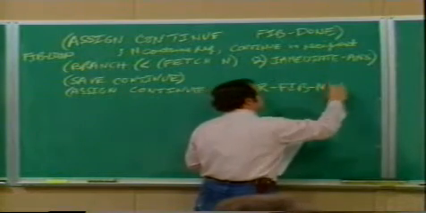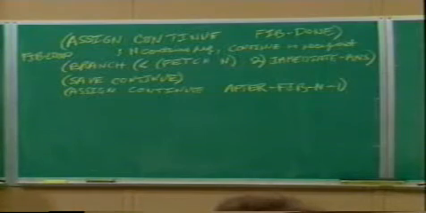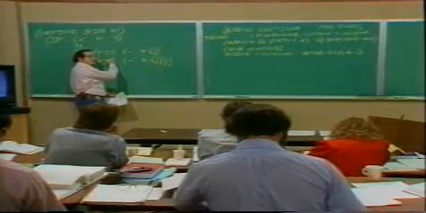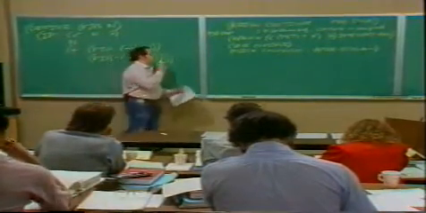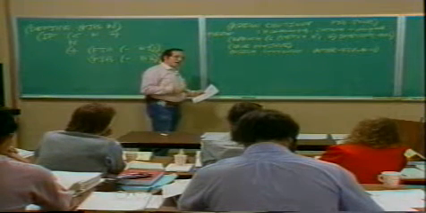Big long name, classic Lisp name. Because I'm going to compute the first fib of n minus 1, and then after that I want to come back and do something else. So that's the place I want to go to after I've done the first Fibonacci calculation.